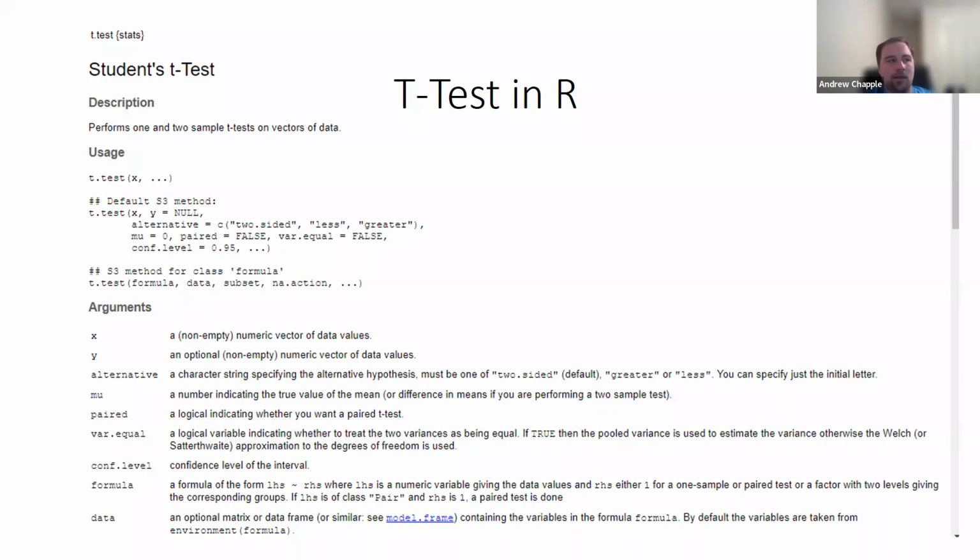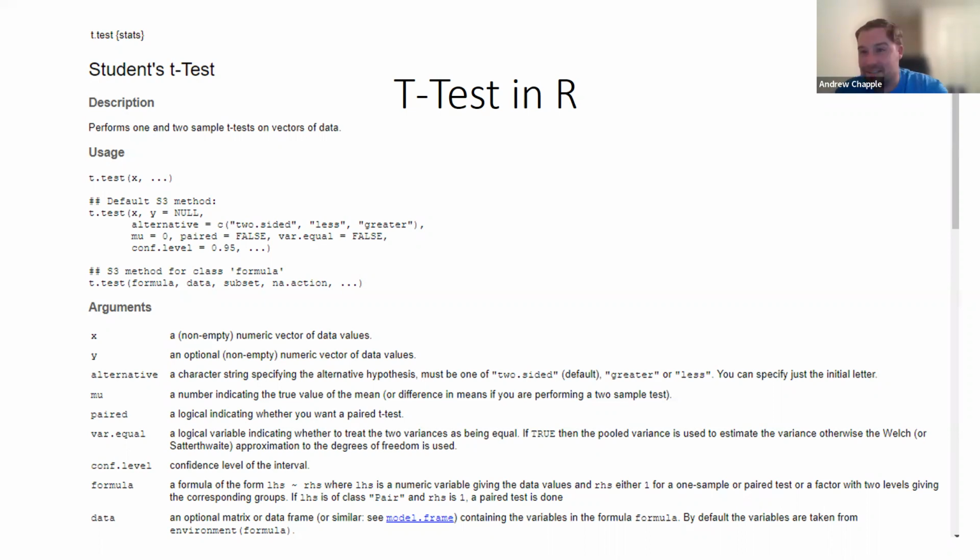But he didn't want to tell his company about it, because if he told his company about it, they would basically claim it and then it wouldn't be published and people wouldn't be able to use it. So he published the t-test under a pseudonym, so a false name, of student. So it's a student of statistics or whatever. So that's why it's called a student's t-test.